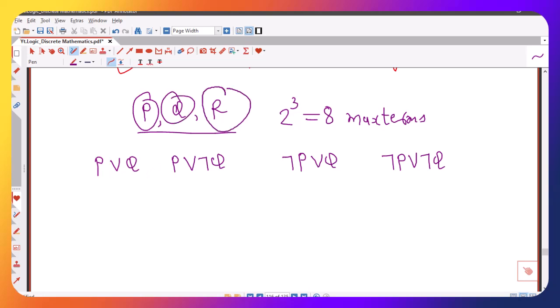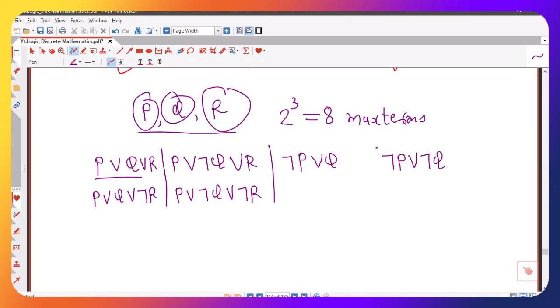Now if I want to write down for three statement variables, then with p or q I will consider or r, similarly p or q or negation r. Same thing here, p or negation q or r, then p or negation q or negation r. Here also negation p or q or r and negation p or q or negation r.